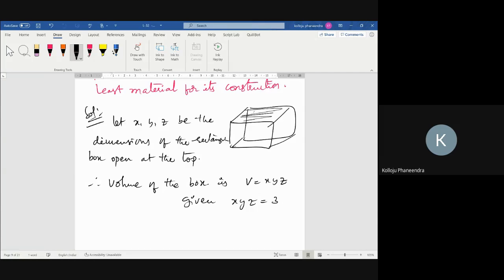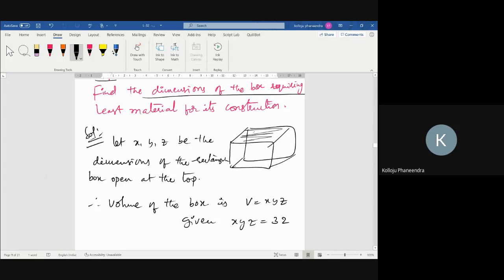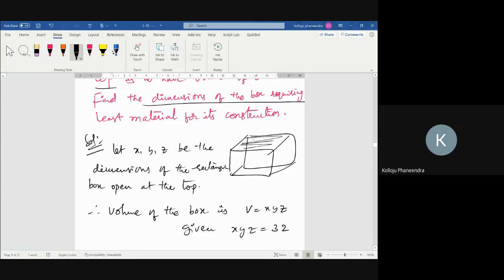Volume is given as how much? 32 cubic feet. Next one. What we have to find? We have to find the dimensions of the box requiring least material for its construction. Least material means total surface area.